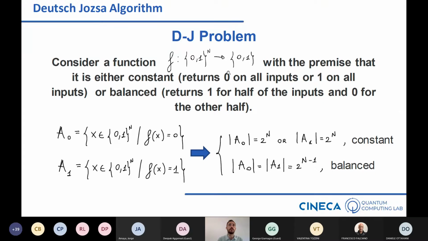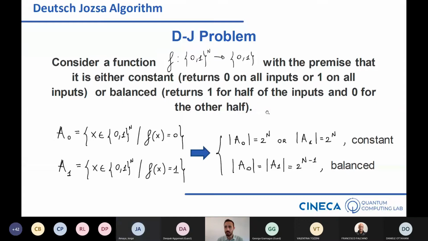This is one case, one function. A different function that is still constant on all inputs returns every time a 1. So these are two, and they don't mix in the same function. One function is always 0, and the other one is always 1. But they are two different cases that you can have. Okay, perfect. Thank you. No problem.